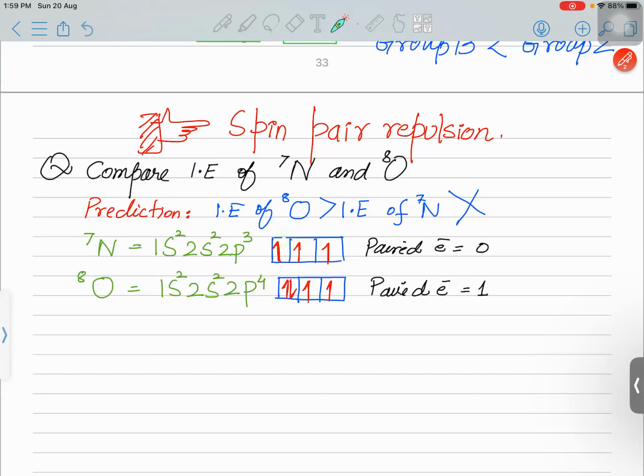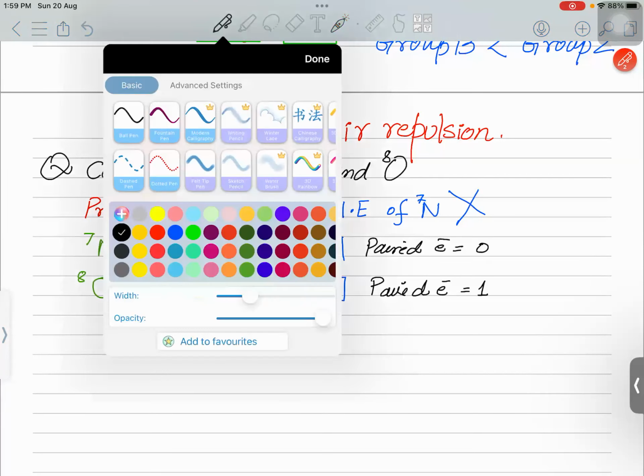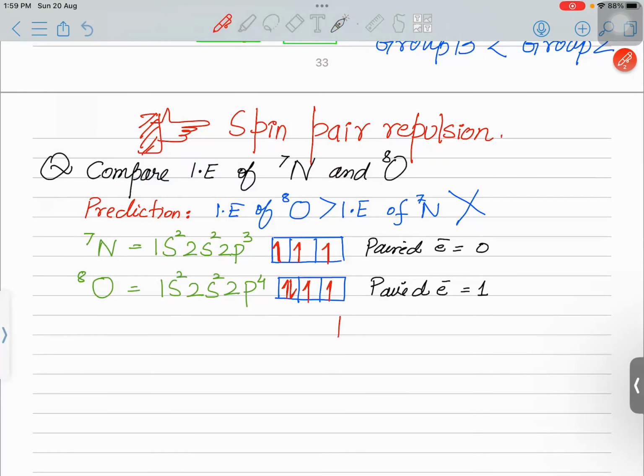This direction is called spin. We have discussed in early classes. So this is spin, upward arrow. Upward is anti-clockwise spin. And downward arrow means clockwise spin.